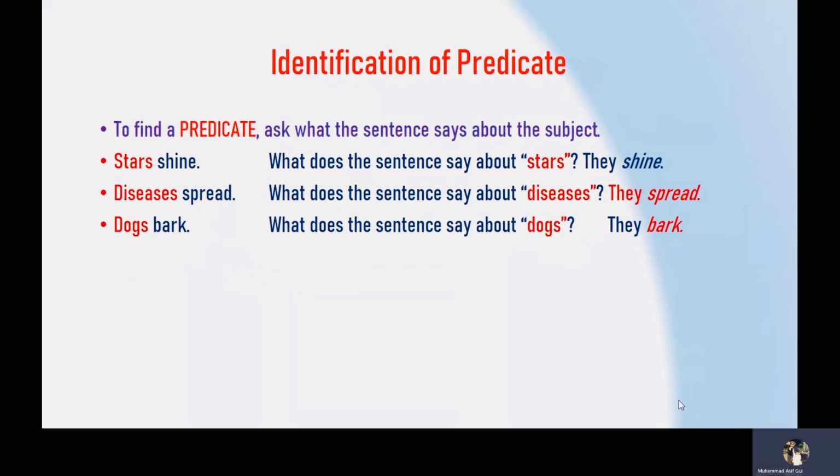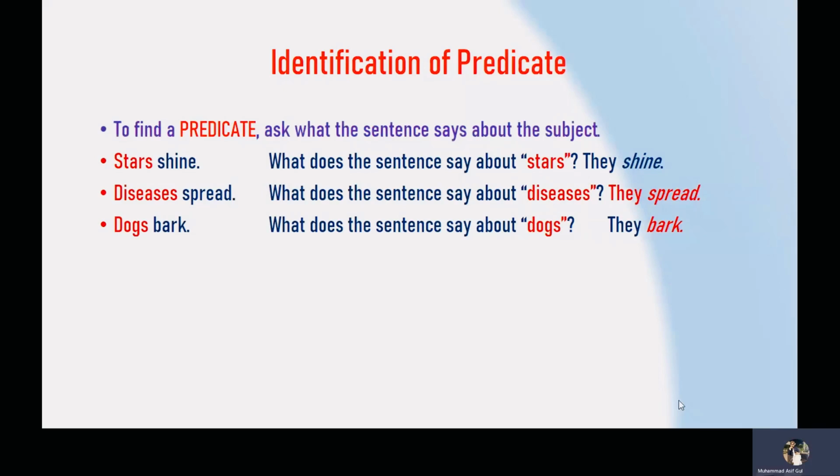So shine is the predicate of the sentence. Diseases spread. What does the sentence say about diseases? Diseases is the subject. And the sentence says that they spread. So spread is the predicate of the sentence. Similarly, what does the sentence say about dogs? They bark. So bark is the predicate of the sentence.